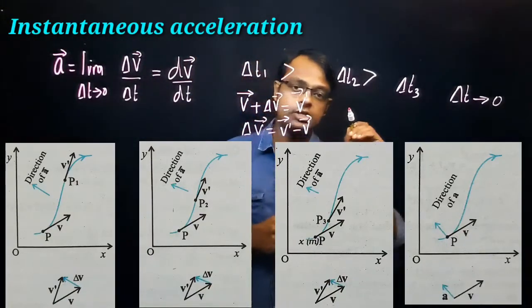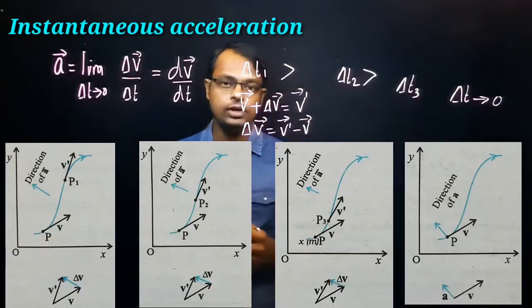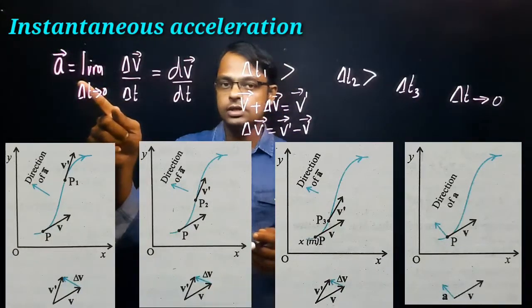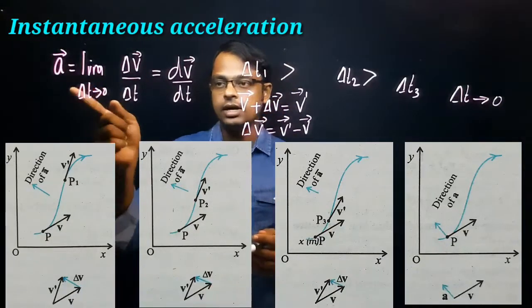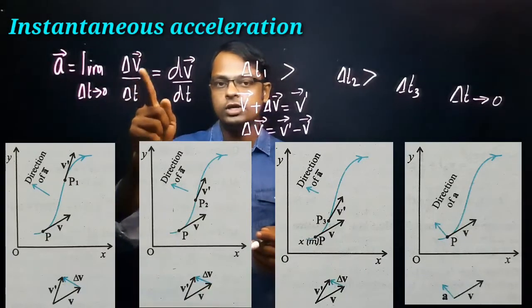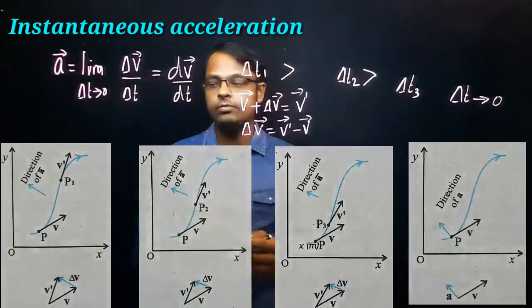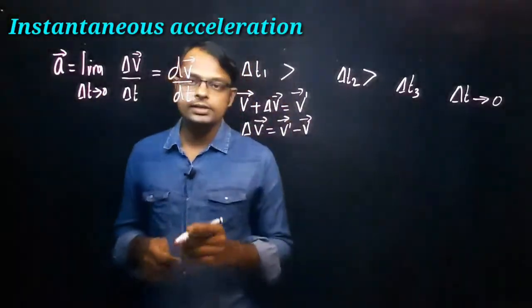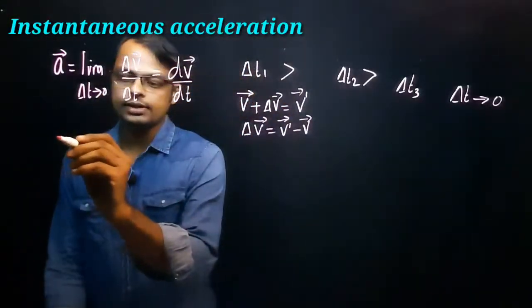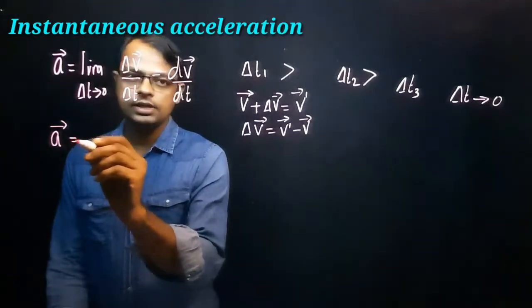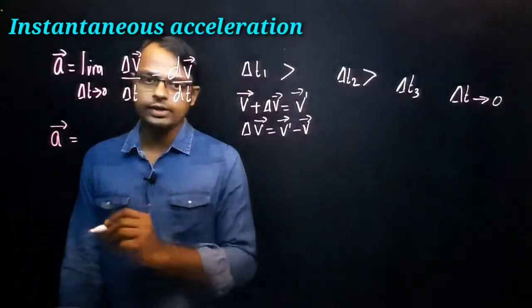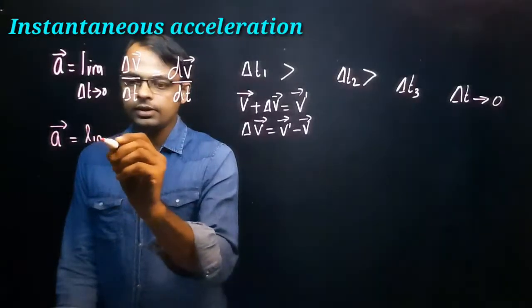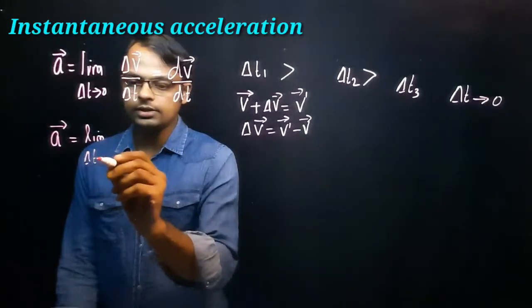That means the acceleration at one particular time, and the definition we have discussed is: instantaneous acceleration is the limiting value of change in velocity with respect to time when the time tends to 0. So the instantaneous acceleration we can write like this: a vector is equal to d by dt of v vector, or limit delta t tends to 0 of delta v by delta t.